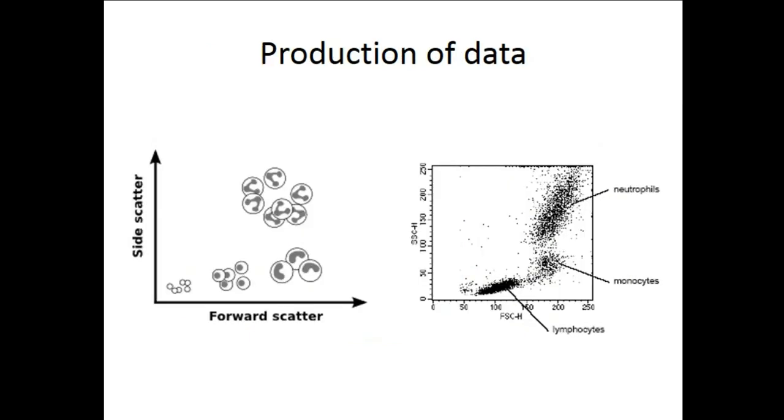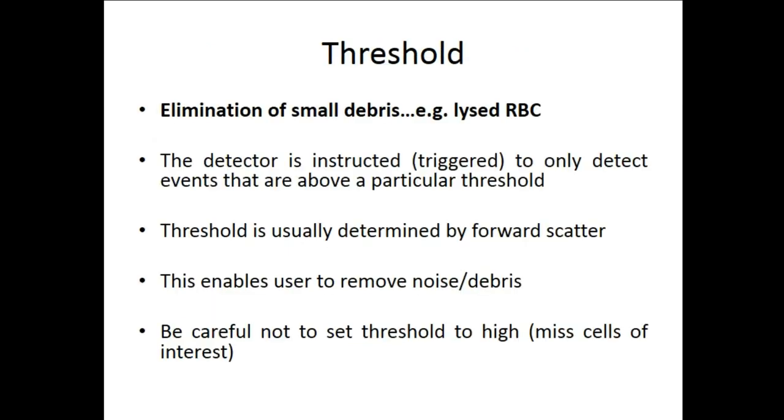Now, as you can see, there are millions of cells within the plot. So there's a whole range of different ways you can analyze this data. And the first one I'm going to deal with is threshold. Threshold is a basic principle of the flow cytometer that lets the user get rid of any unwanted events or broken cells that we don't want to measure.